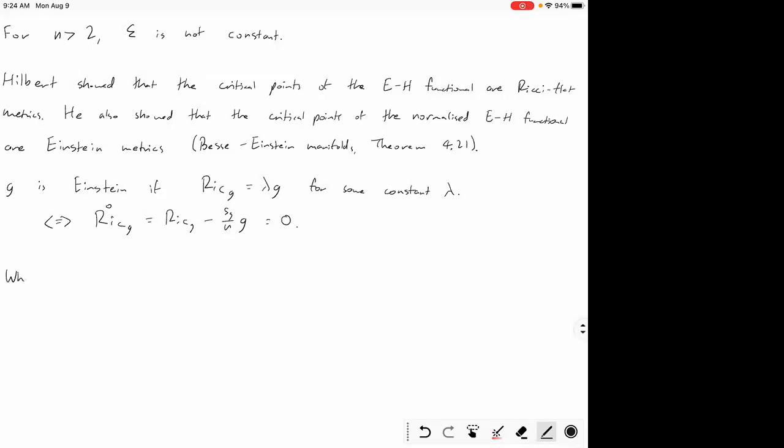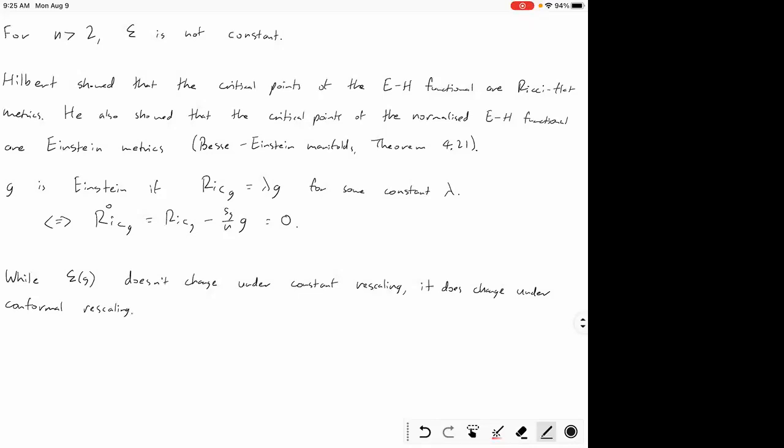So while the value of this functional doesn't change under constant rescaling, it does change under conformal rescaling.